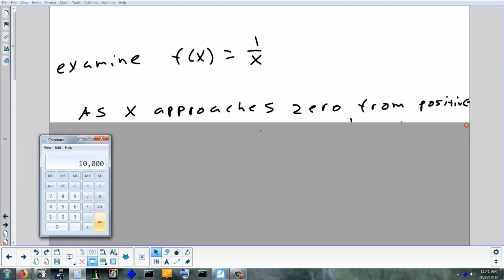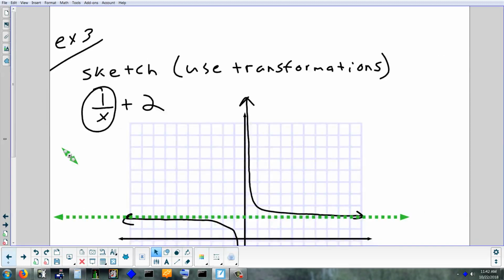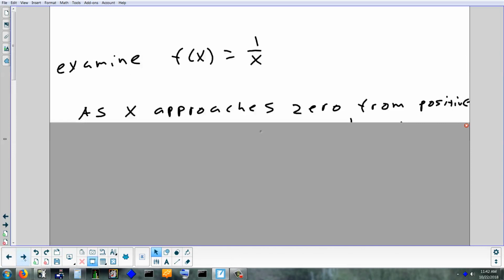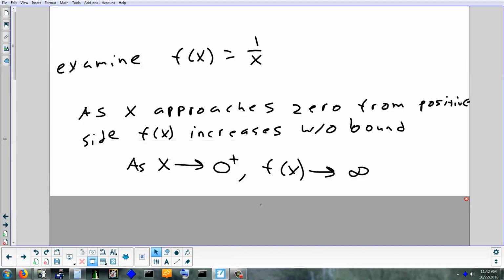So let's see what happens if we plug in 0.0001. I get 10,000. So what's happening, and we already kind of saw it on the graph, is this graph, as you get very close to 0, is almost going straight up. If it goes pretty much straight up, what does that mean it's approaching? Yeah. It's approaching infinity.